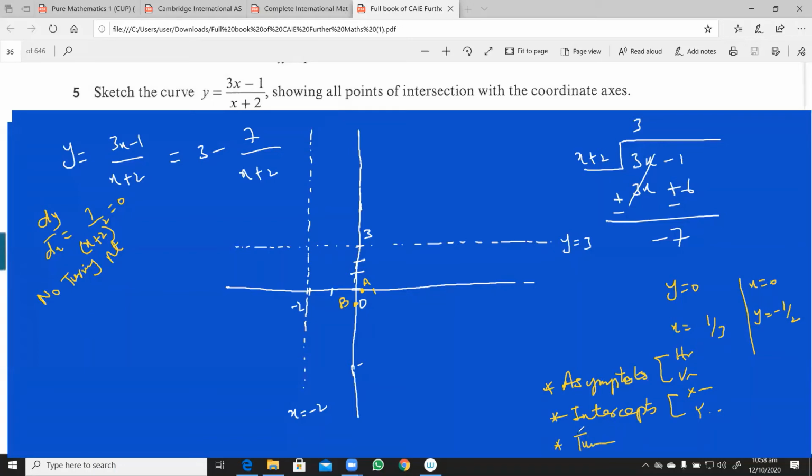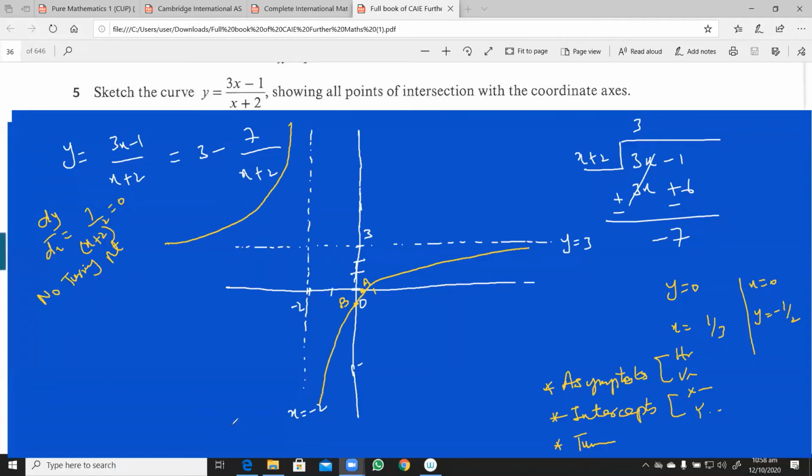So there is no turning point. Now, these two points are suggesting that this part of the curve is going to be something like this, and the other part would definitely be something like this. So this is the sketch for this given function 3x minus 1 over x plus 2.